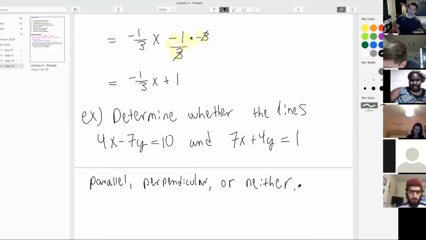It's your job to see which. They have to be exactly one. You can't be both parallel and perpendicular at the same time.